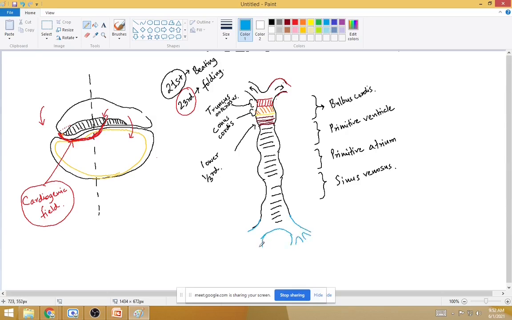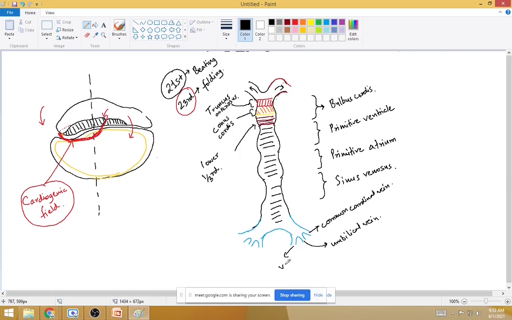Okay, three pairs actually. So the outermost is known as the common cardinal vein. The middle one is known as the umbilical vein.